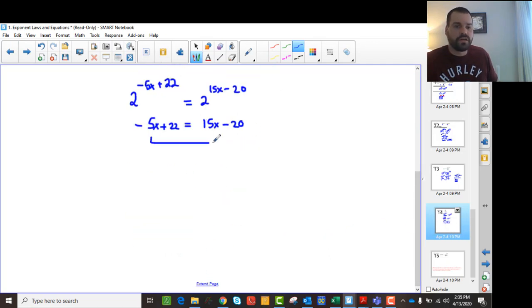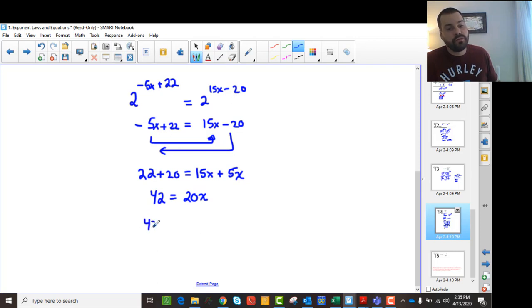Then I bring the minus 5x that way, bring it over to this side, and I'll bring the minus 20 that way. So I get 22 plus 20 is 15x plus 5x. So that's 42 is equal to 20x. So that means 42 over 20 is x.